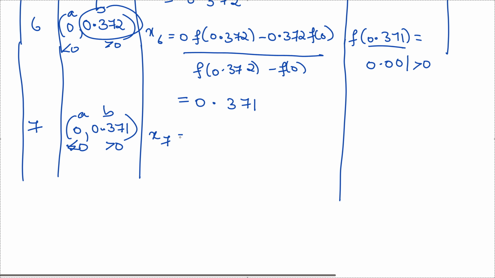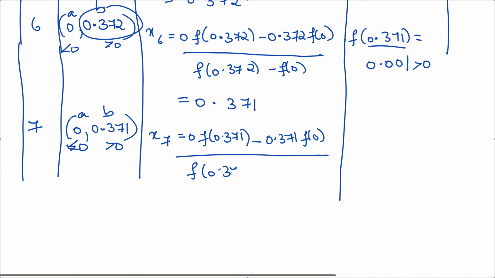Now x7 is 0 into f of 0.371 minus 0.371 into f of 0 divided by f of 0.371 minus f of 0, which is equal to 0.371 again.